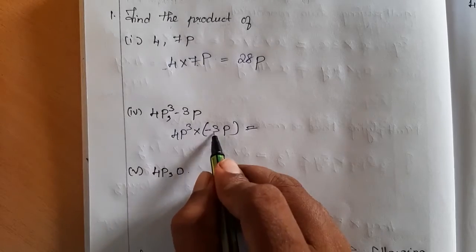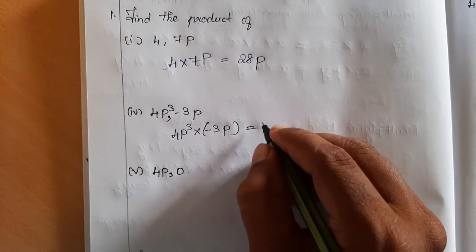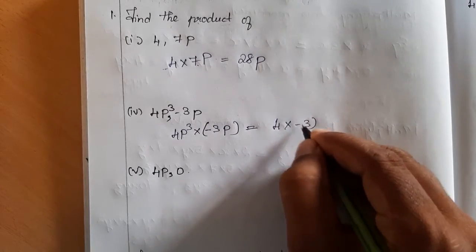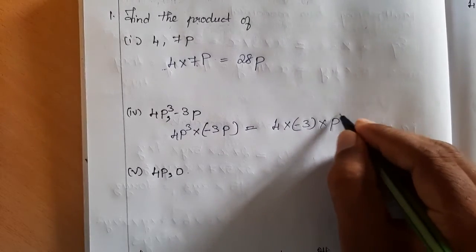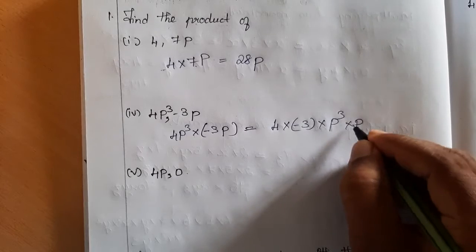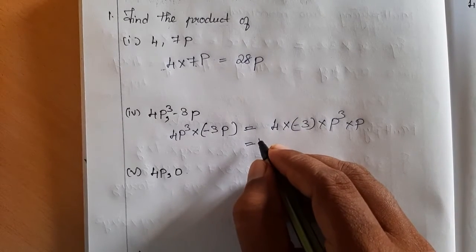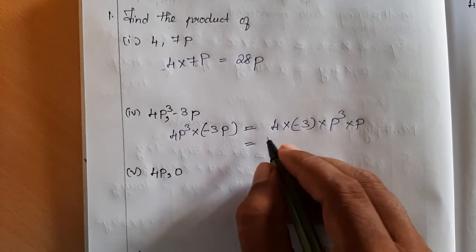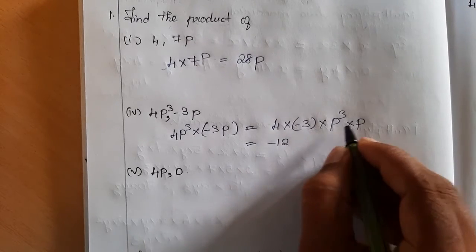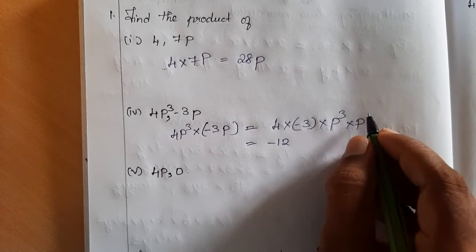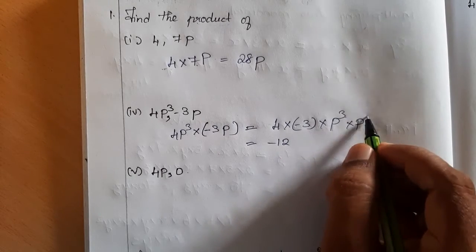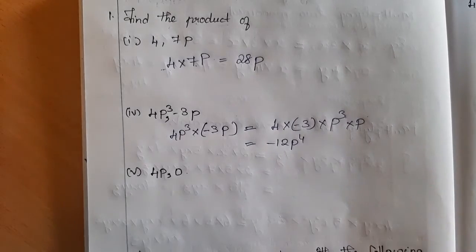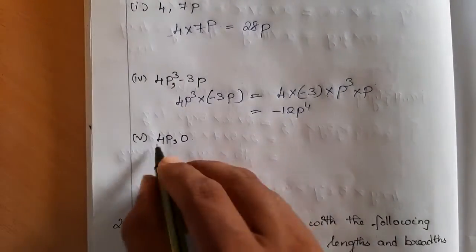So 4 into minus 3, and the variables are p cube and p. 4 into minus 3 is negative 12, and for p cube and p, we have to add the powers: 3 plus 1 is 4, so p power 4. Clear?